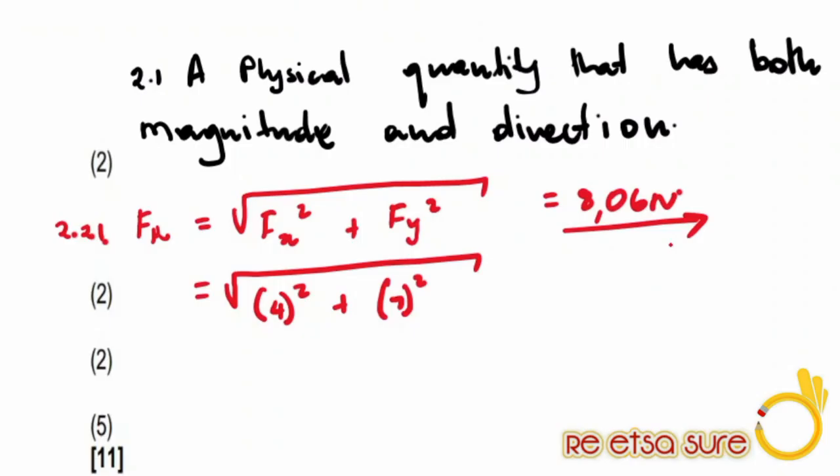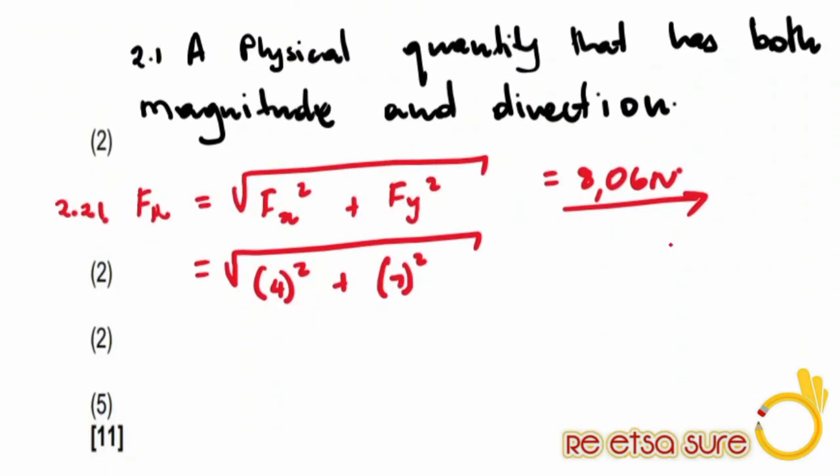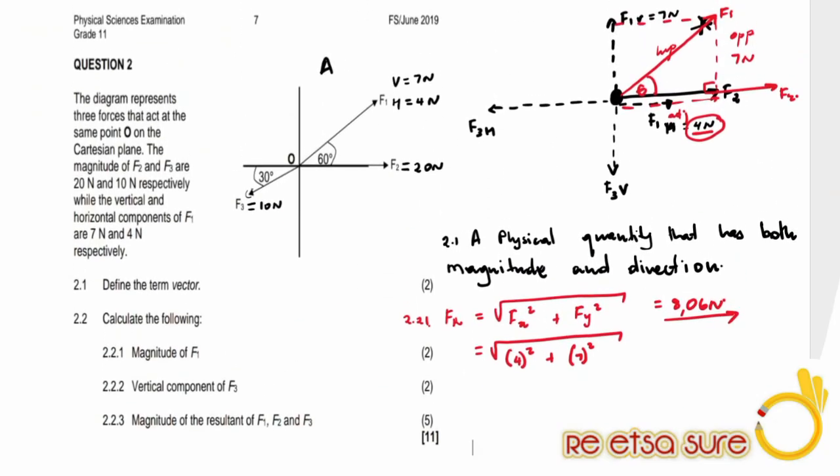So that is the magnitude of F1. The magnitude of F1 in this situation is 8.06 Newton. Okay, so for now let us go to 2.2.2.